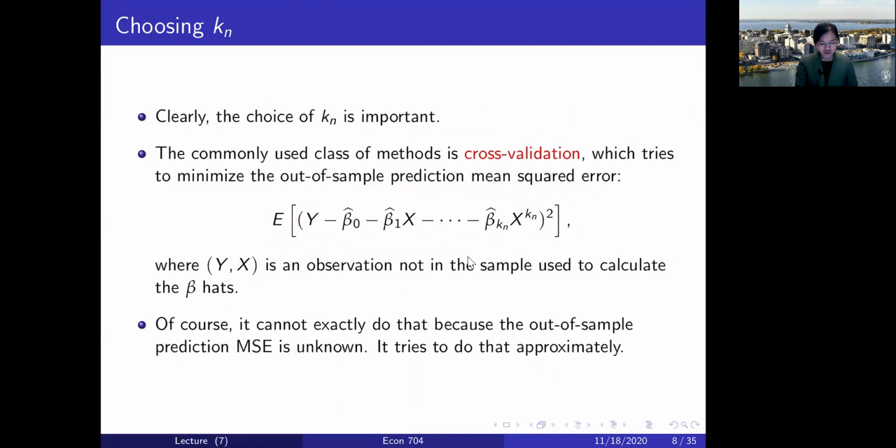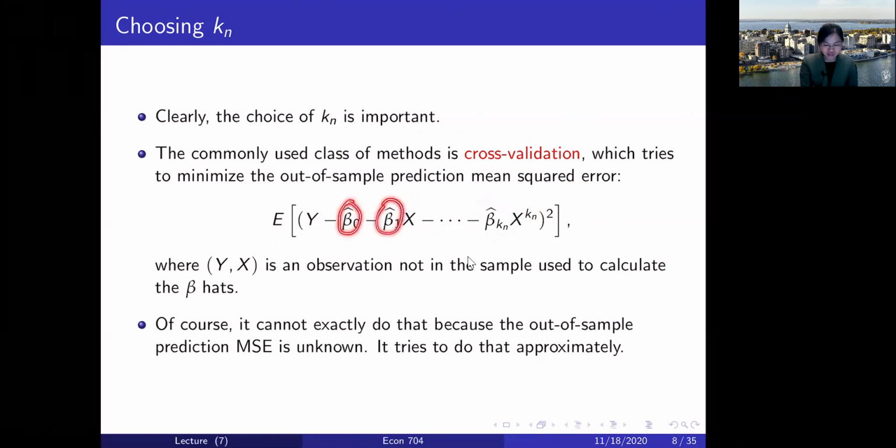Clearly, it's not that the larger Kn you use, the smaller the error will be, because using a very large Kn will incur noise in your OLS estimate, because you would be estimating more parameters. Estimating more parameters is more difficult than estimating fewer parameters, and therefore all your estimators will be less accurate.